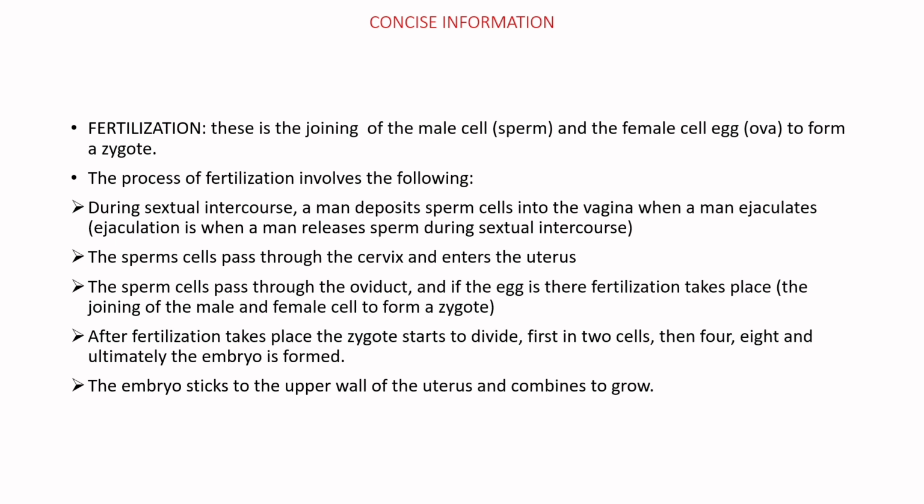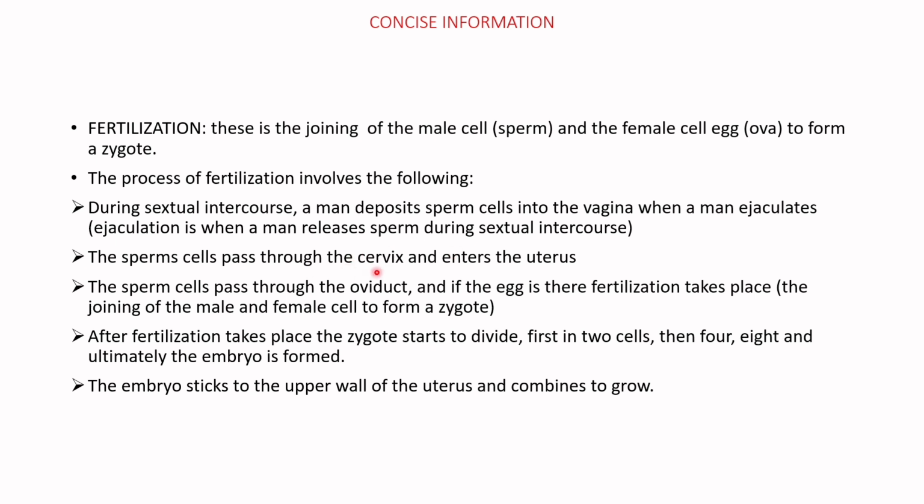During sexual intercourse, a man deposits sperm cells into the vagina when he ejaculates. You need to know what ejaculation means. Ejaculation is simply when a man releases sperm during sexual intercourse. The sperm will pass through the cervix and enter the uterus.